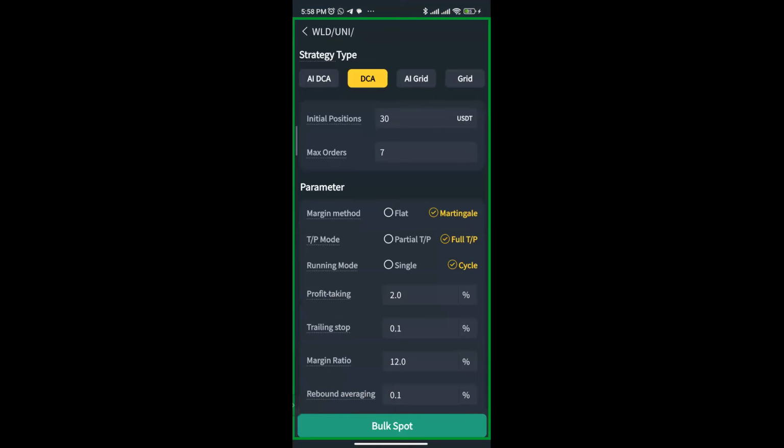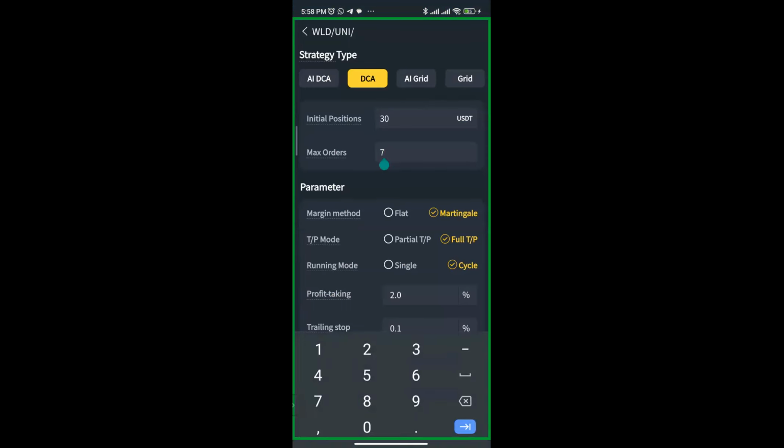How deep do you want to go in the market? So you can say, would 7 be okay? Okay, 7 could be okay, or you do 6. So you say 30 times 6, so you see where your capital is. So 30 times 6 is 180. So we make this 6.